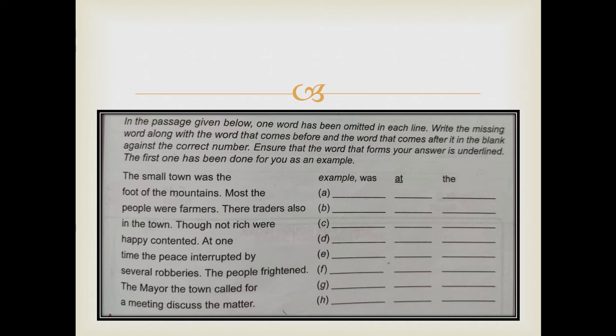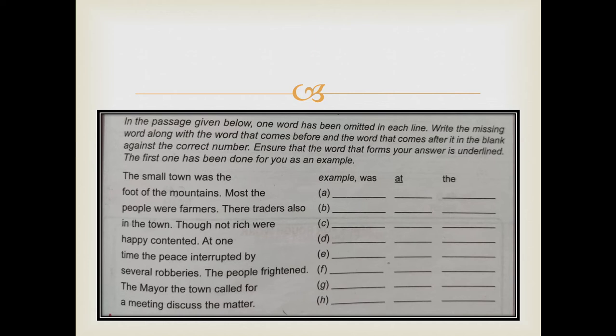The small town was the foot of the mountains. Most the people were farmers. There traders also in the town, though not rich, were happy, contented. At one time, the peace interrupted by several robberies.